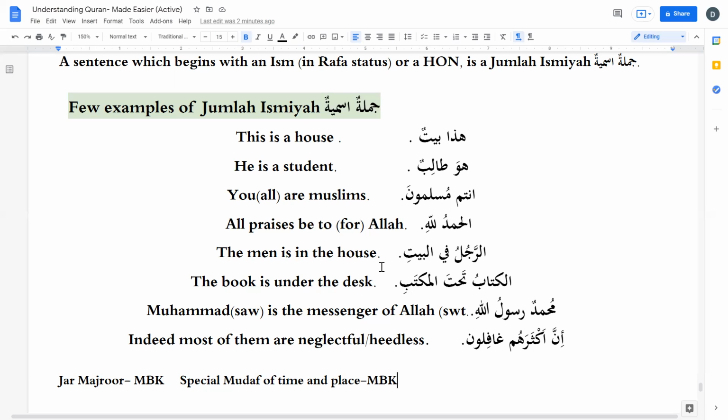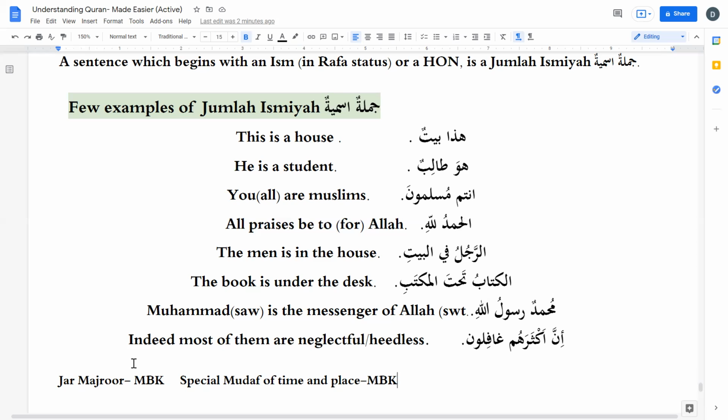So this combination is the MBK, which is taking the place of the mahzoof or hidden khabar. Hidden khabar could be mawjoodun or waqi'un, right? So this is about MBK.